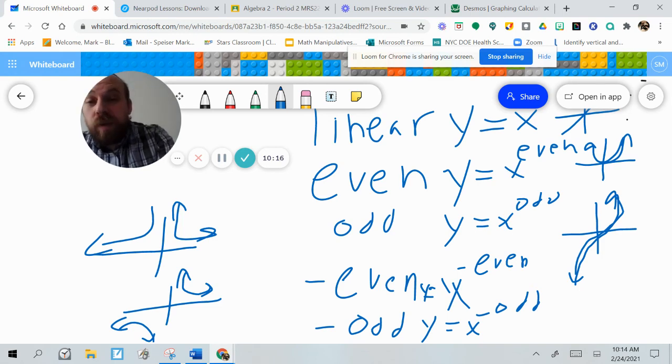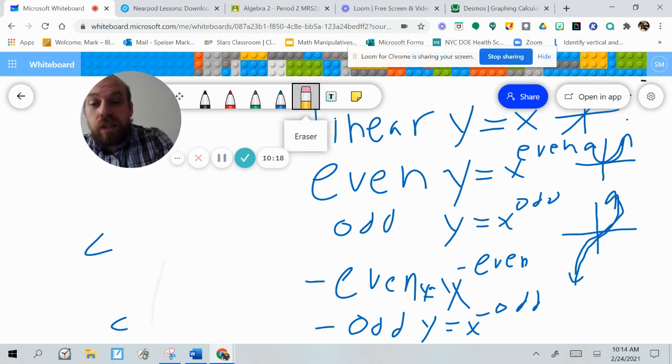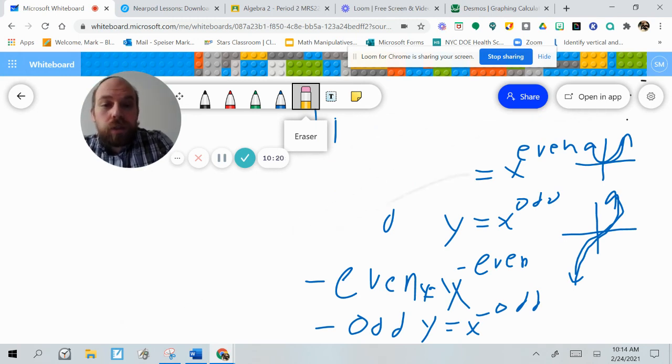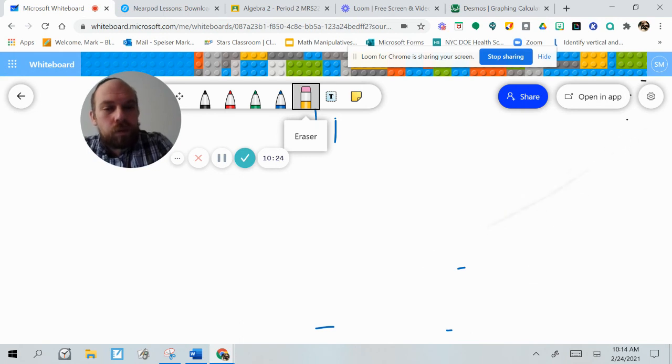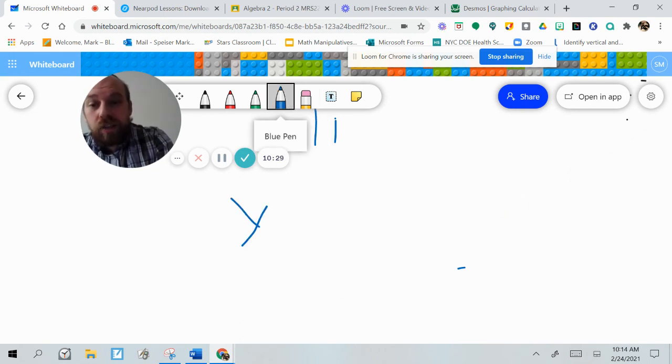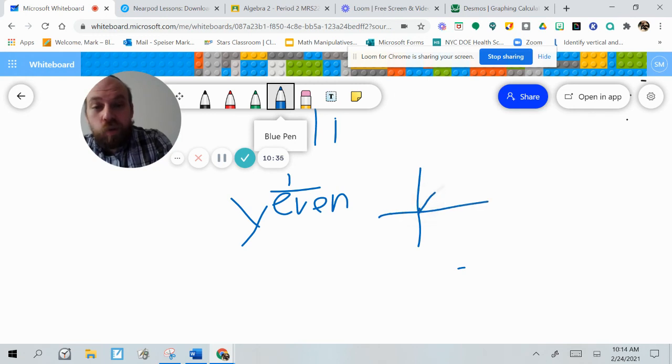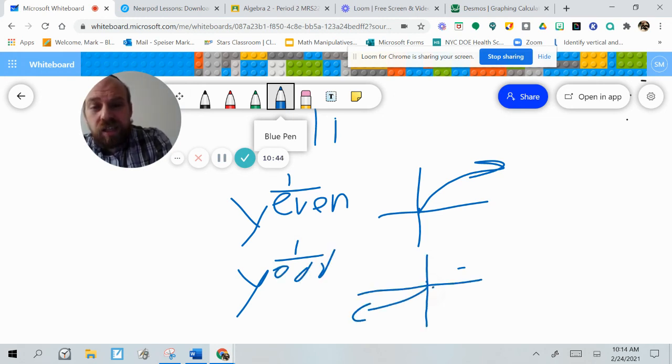Now, the last case is where we have fractional exponents. So if you have x to 1 over an even number, you get a square root, or radical function. If it's x to 1 over an odd number, you get the full S shape on both sides.